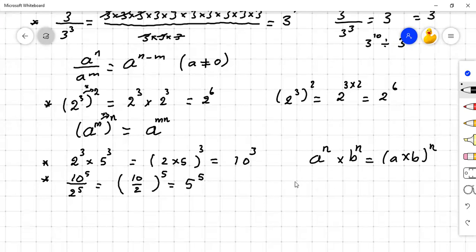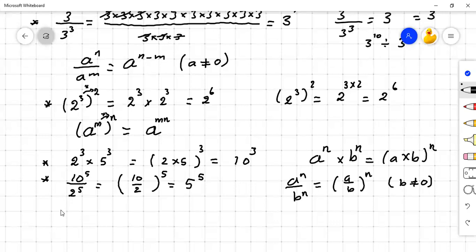And the formula is a power n over b power n is the same as a over b exponent n, and don't miss the condition b does not equal 0, since we can't divide by 0. Okay.